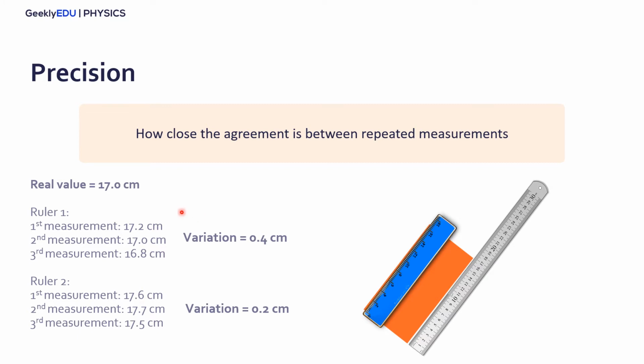However, ruler number 1 is more accurate because its measurements are closer to the real value. So ruler number 1 is more accurate because the results are closer to the real value, and ruler number 2 is more precise because the variation is smaller than for ruler number 1.